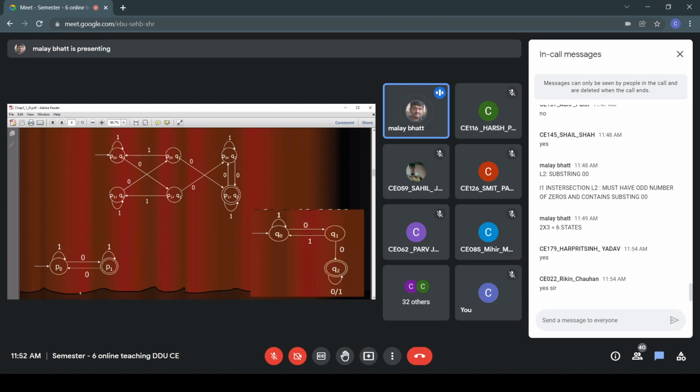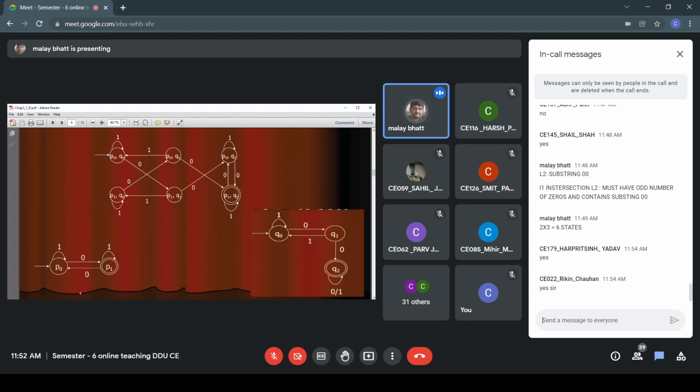P1 on input symbol 1 gives the P1 state, and from Q1 on input 1, we go to the Q0 state. So we are getting P1 Q0 as a new reachable state. Right? We don't have to randomly select states; only the states which are reachable from the original one, we have to select one by one.